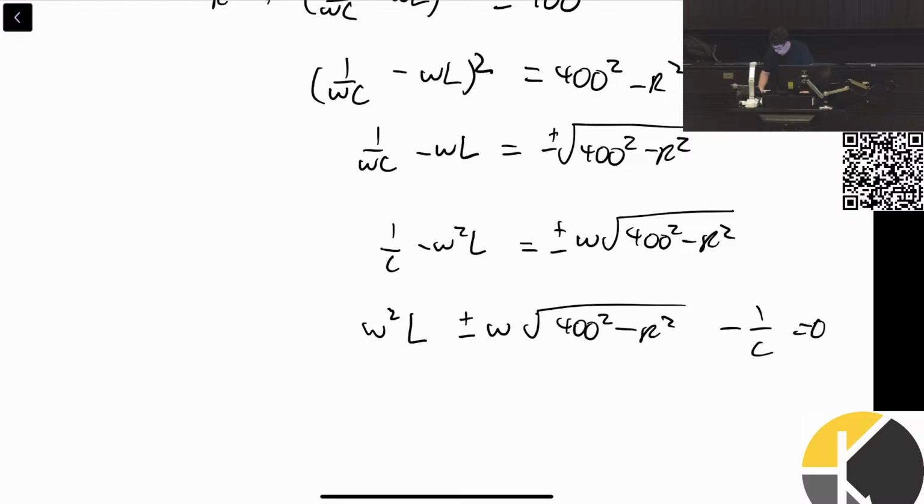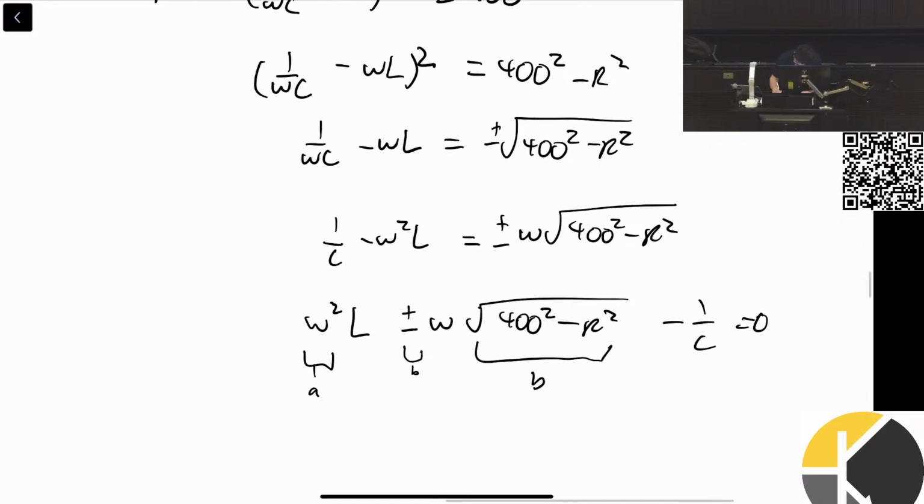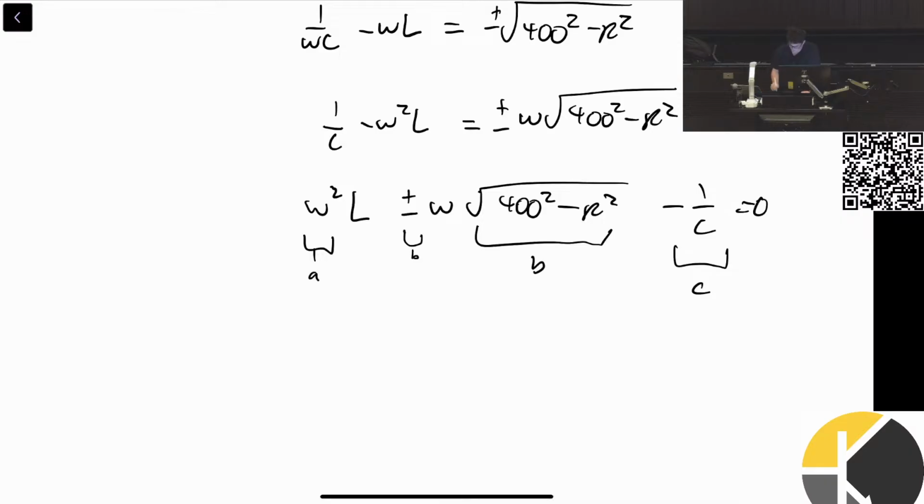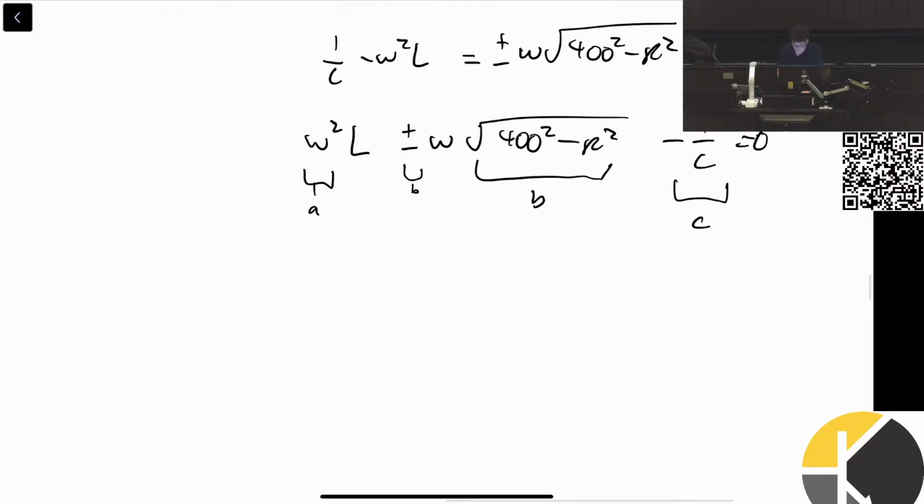We end up with, if we apply the quadratic formula, this is our A, this is our B, including the plus minus, and this is our C. Everyone remembers the quadratic formula, negative B plus or minus square root of B squared, all that should be in your head by now.